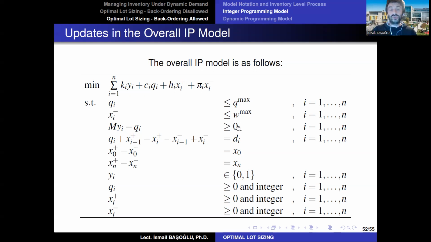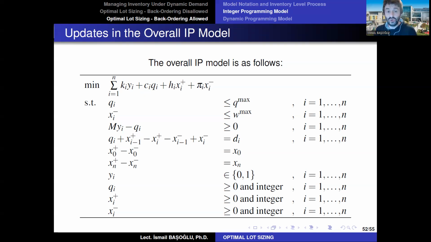Now, the third set of constraints is introducing the dependence between the binary decision variable yi, which is associated with the initiation of a production run or releasing an order. So if yi is equal to 0, then this constraint forces qi to be equal to 0, which means if you do not release an order, you cannot receive any positive quantity.